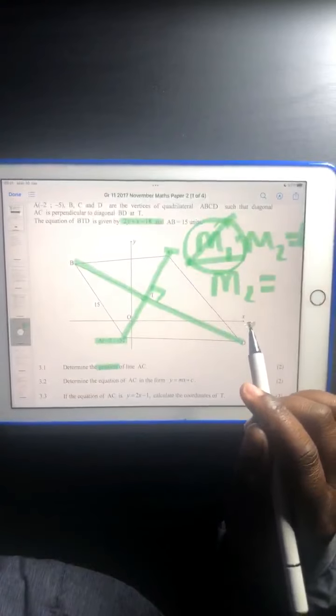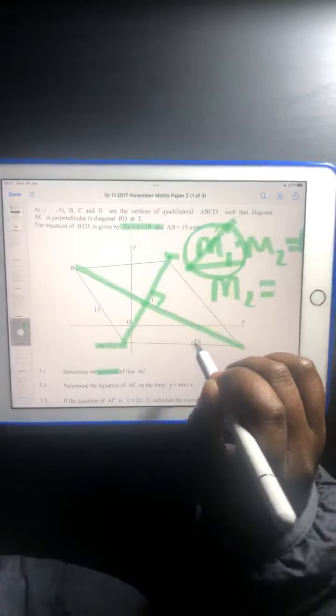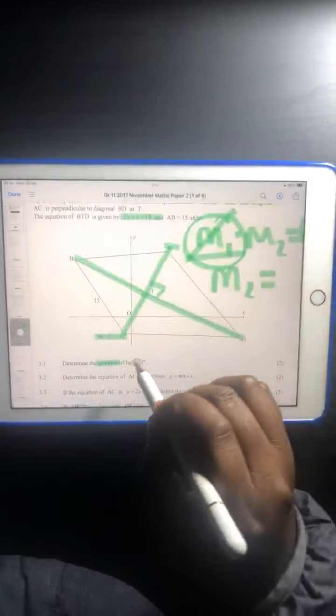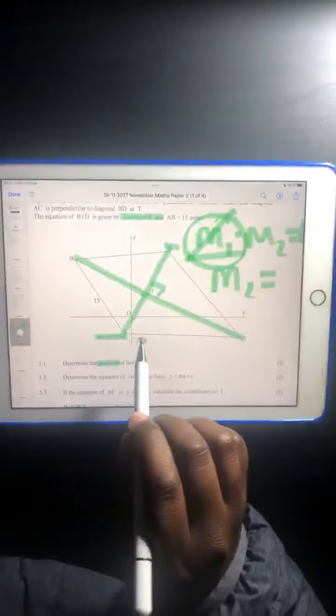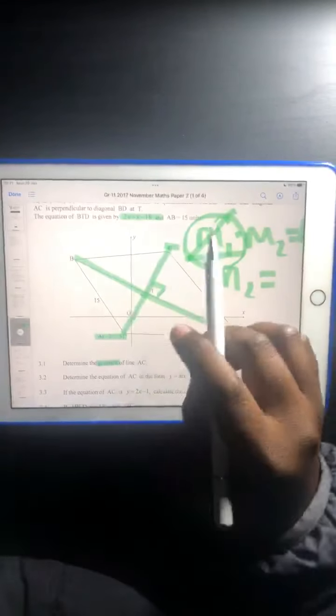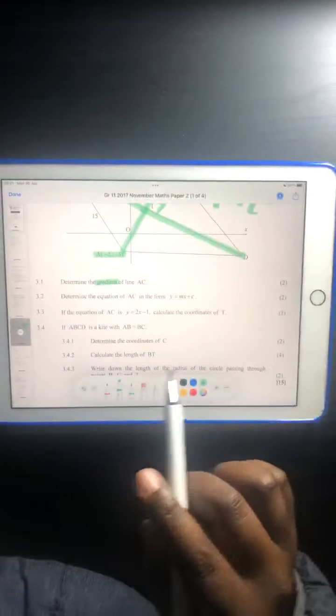So if you remember very well, I said to determine an equation, it's either you've got 2 coordinates or otherwise they give you the gradient and 1 point. So can you see? There we calculated the gradient of that line and we have 1 point over there, which means we can easily determine an equation of line AC. Easy there. Let's see.